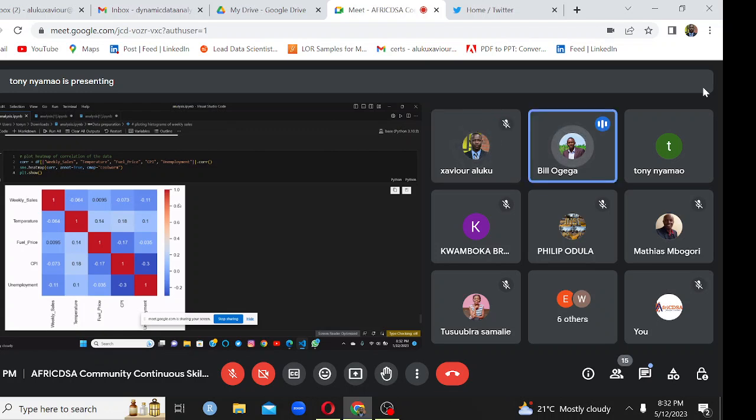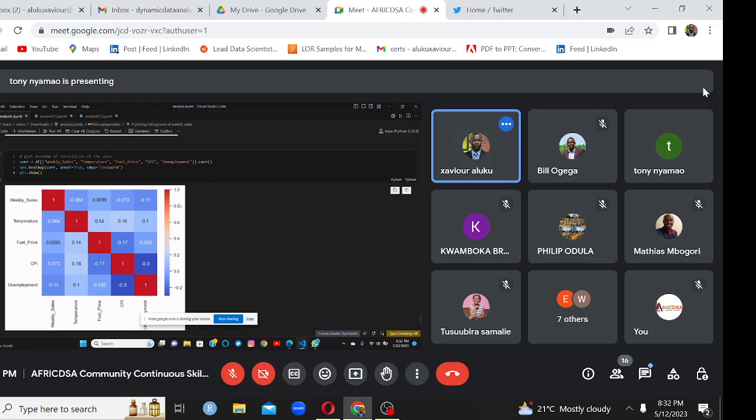Because a correlation should be between -1 and 1, where the negative is the negative correlation and positive 1 is the positive correlation. So when we talk of strength, I think it's in the medium where we have got 0.5, and this one falls between 0.5 and 0, which is a weak positive correlation. Yeah, sure. Thank you so much, Bill. So there's a weak positive correlation between fuel price and temperature.